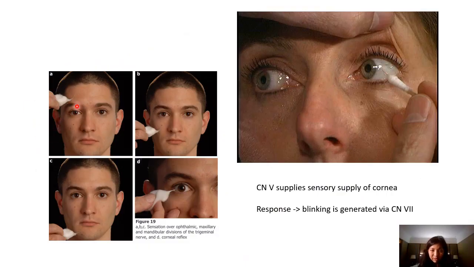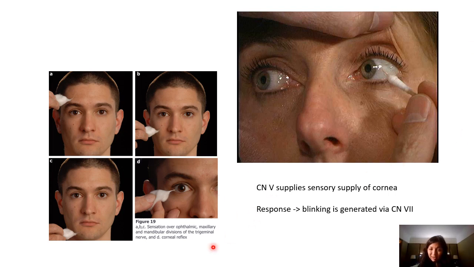So what you will do is to actually take a wisp of cotton and touch over the area supplied by V1, V2, and V3. This picture is not very accurate because the patient has their eyes open. You should actually get the patient to close their eyes so that their ability to say they feel something is not affected by visual input.